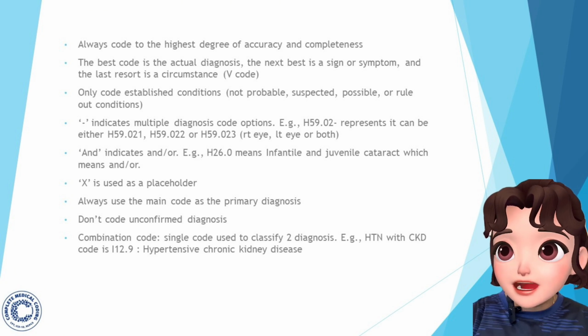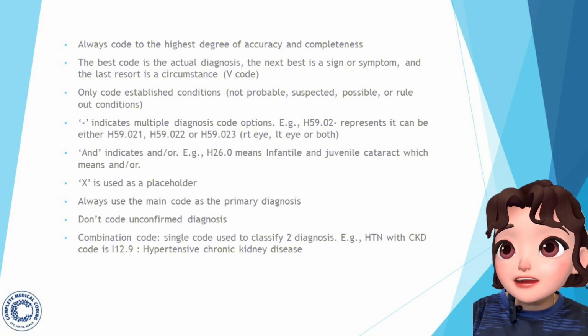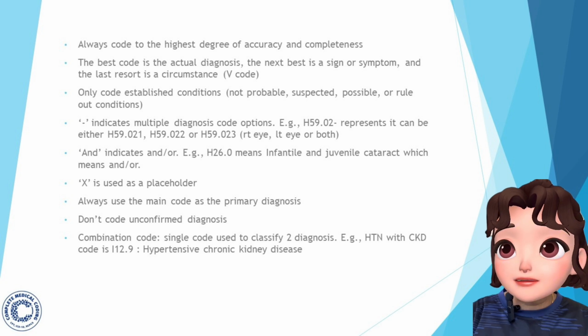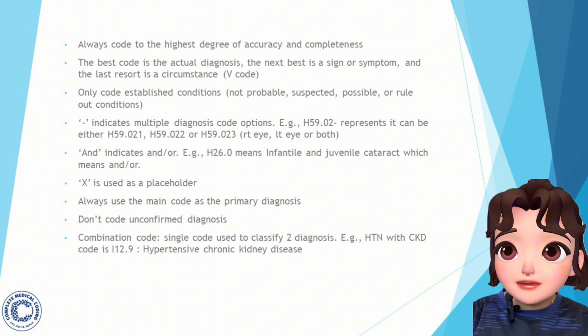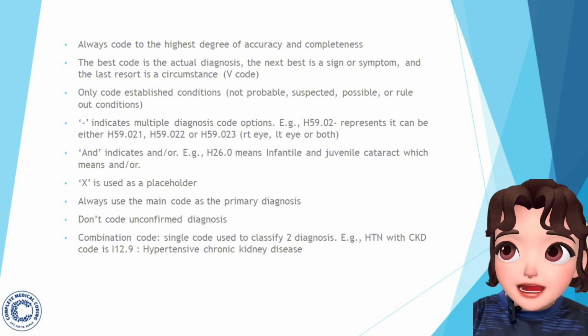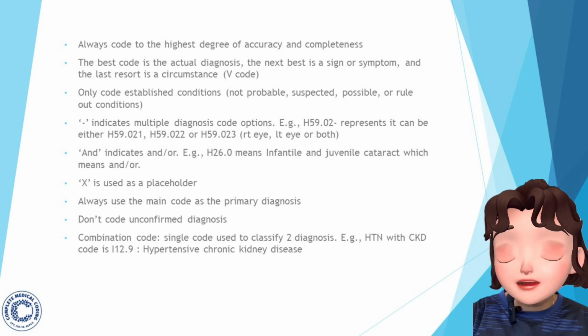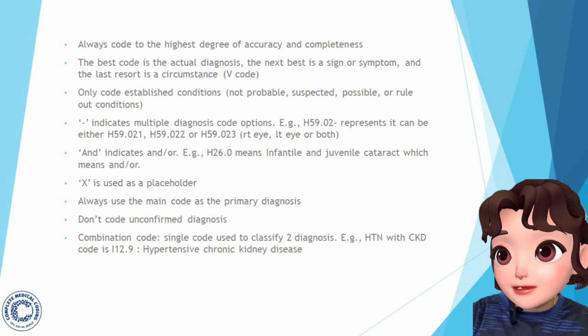So in this example, H59.02 dash could be either H59.021 or H59.022 or H59.023, where 1 represents the right eye, 2 represents the left eye, 3 represents both eyes. So always check what is mentioned in the ICD code book.